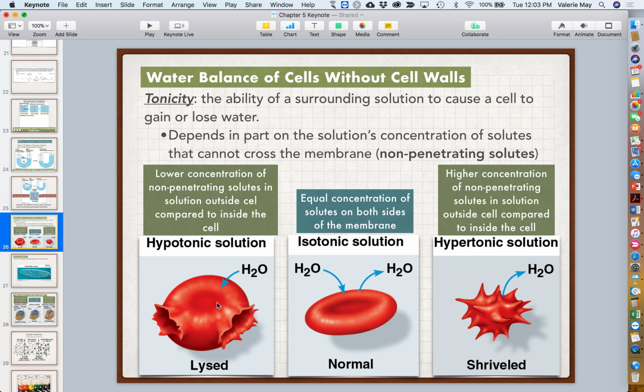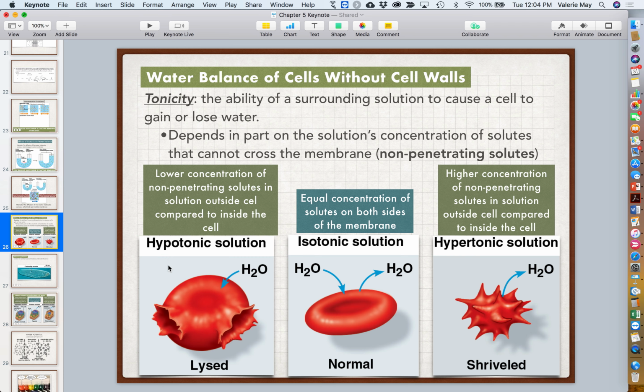So let's go over here. That is definitely not normal. So a hypotonic solution means that there's a lower concentration of non-penetrating solutes in the solution outside the cell compared to inside the cell. So these words are always a comparison.